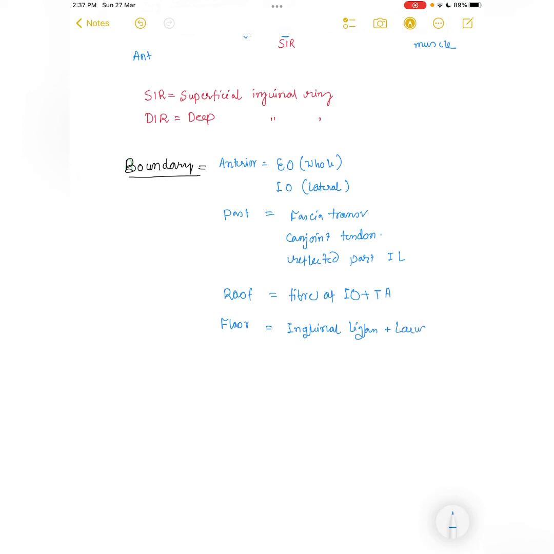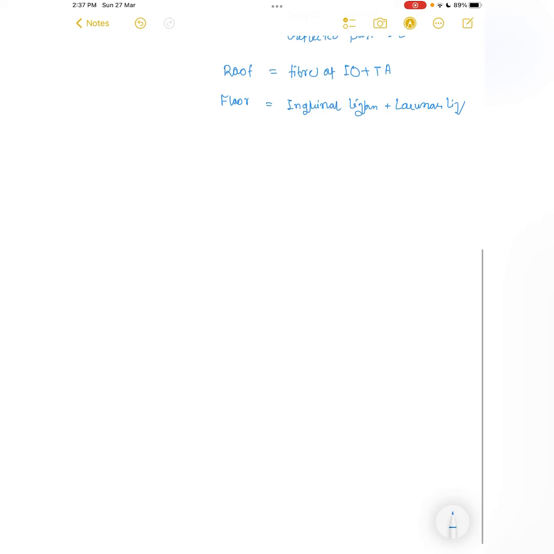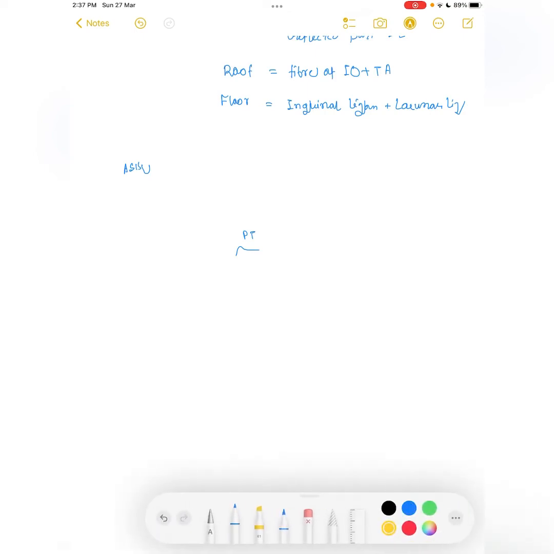If you want to know how the lacunar ligament is, very simply, suppose this is the anterior superior iliac spine, and this is the pubic tubercle. This is the inguinal ligament.